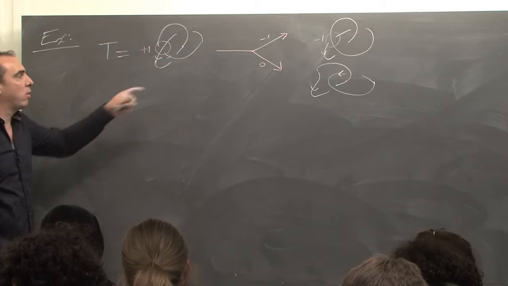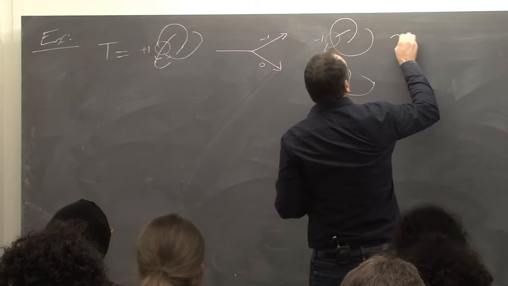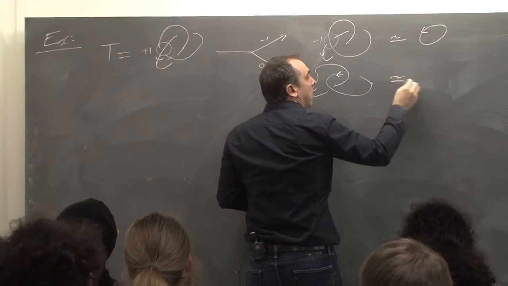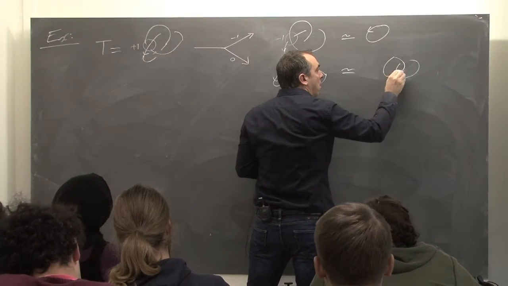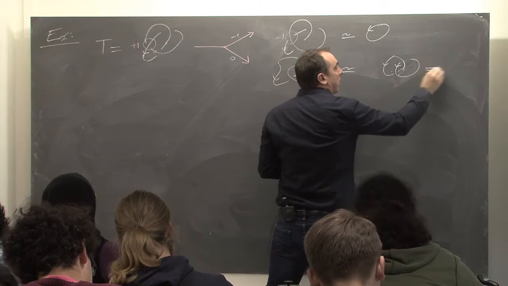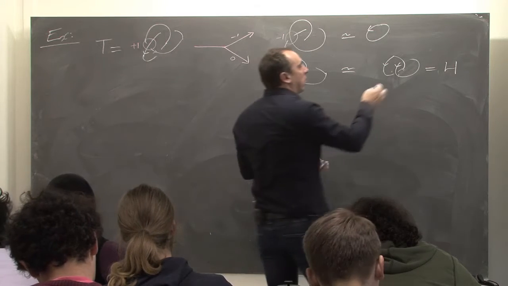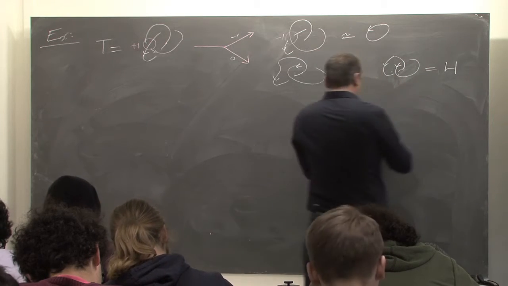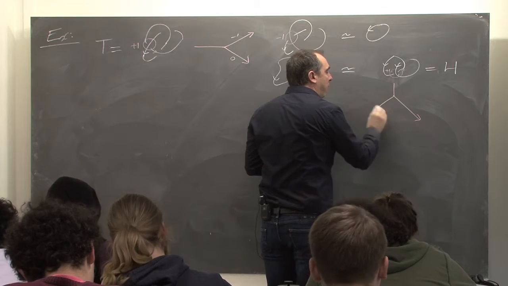Okay. So what do you think of this link? This link is just the unlink, the oriented Hopf link like this. Let's call it H. Now here we have a positive crossing, so I have two ways.